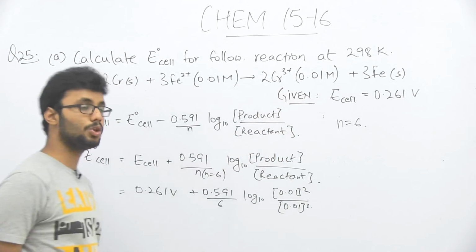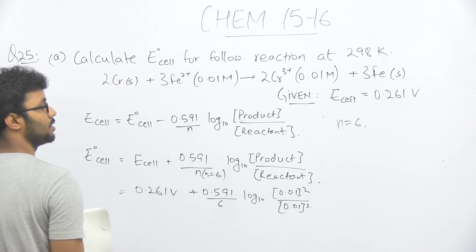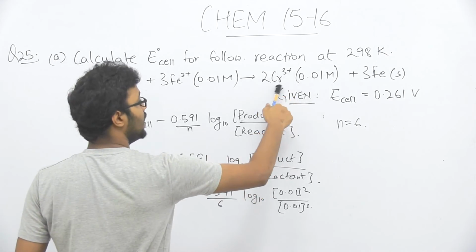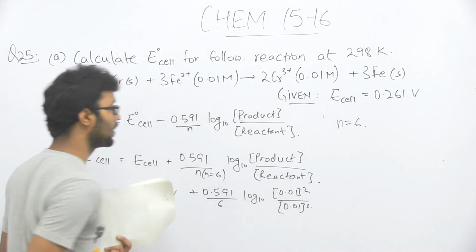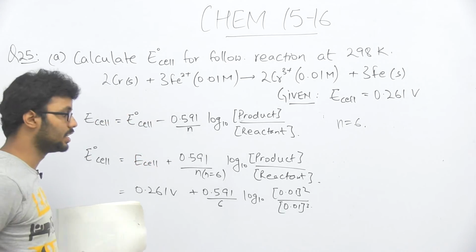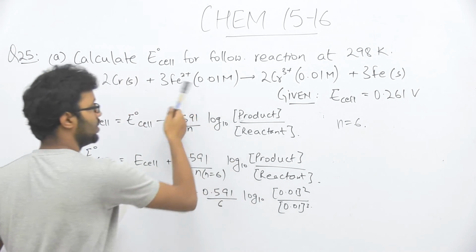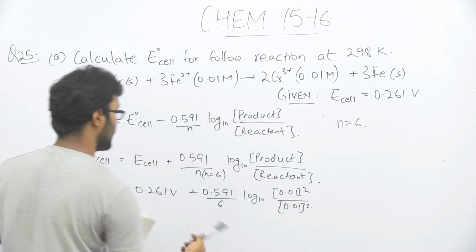Because the numerical coefficient before the product here is 2, the concentration is raised to power 2, and here the numerical coefficient of the reactant is 3, so the concentration of reactant is raised to power 3. So we get this.